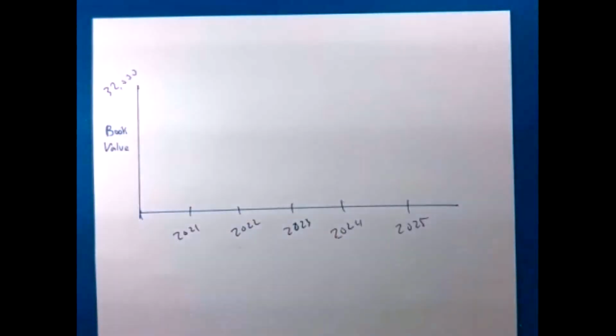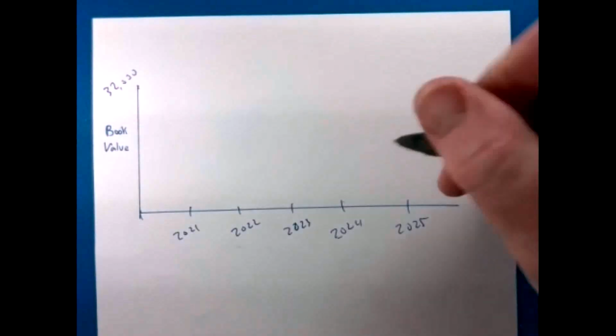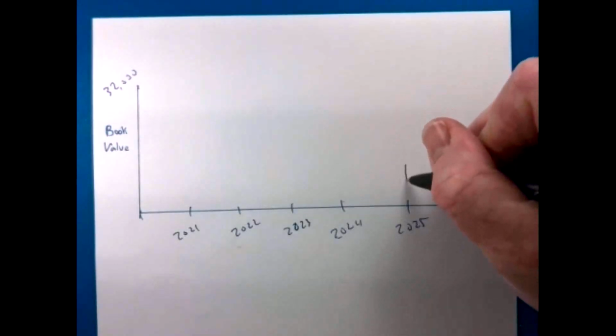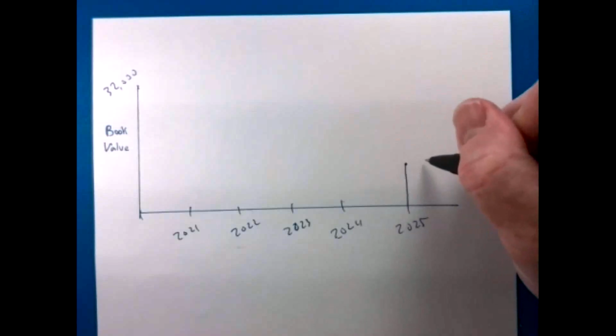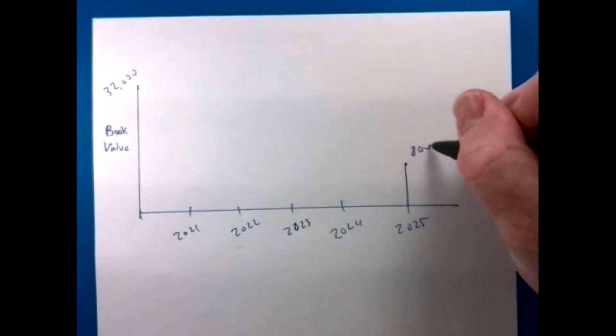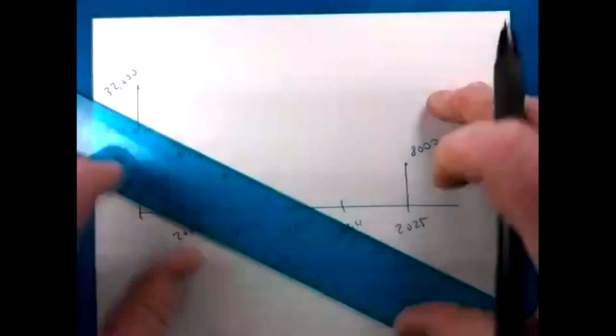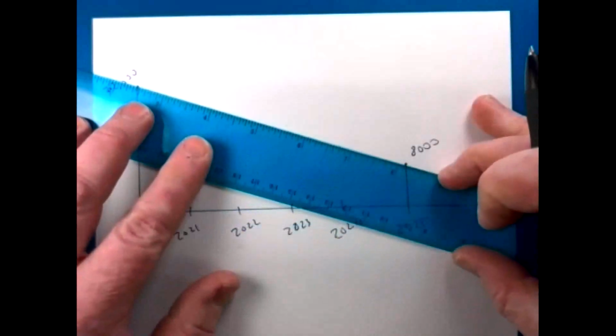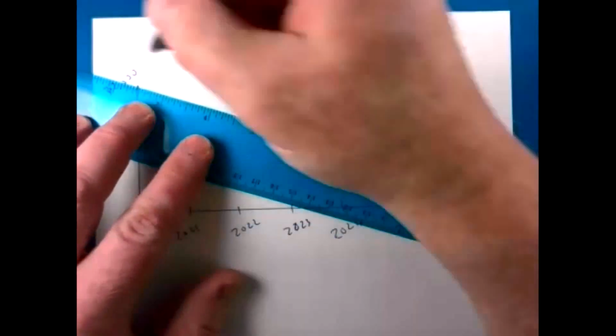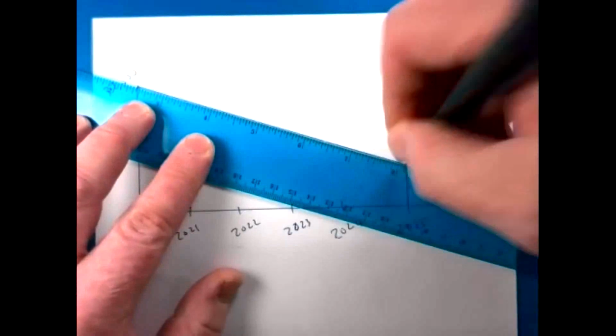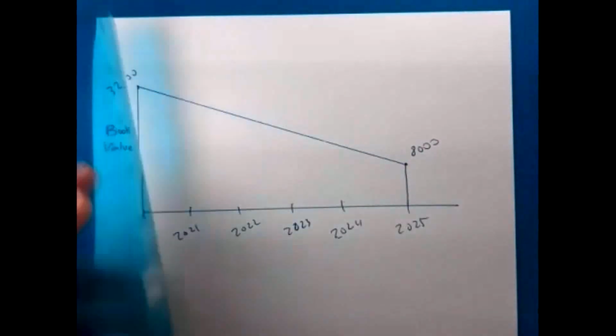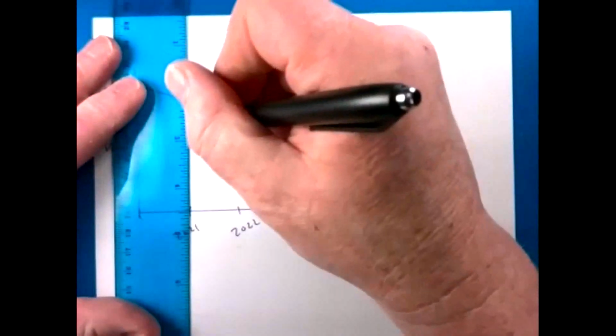At the end of the first year, it goes down to 27,200, and by the time it gets all the way down here, it'll be at 8,000. So it sort of looks like a straight line.